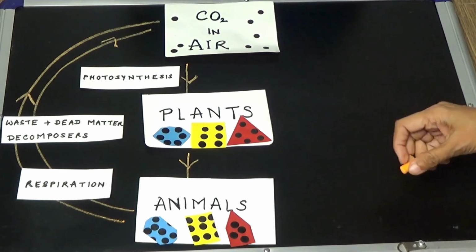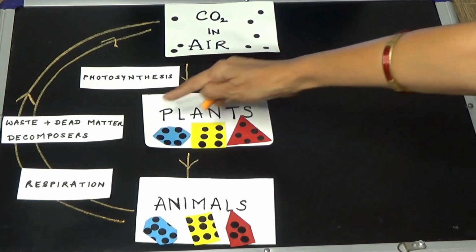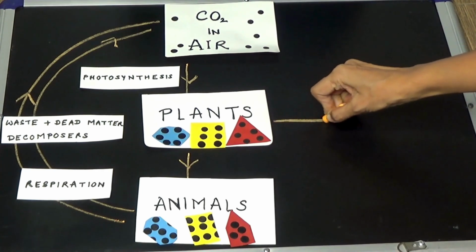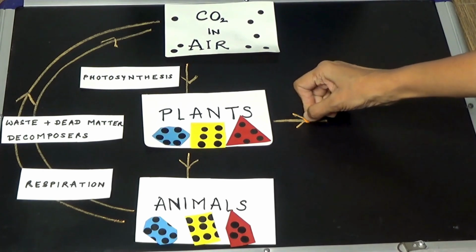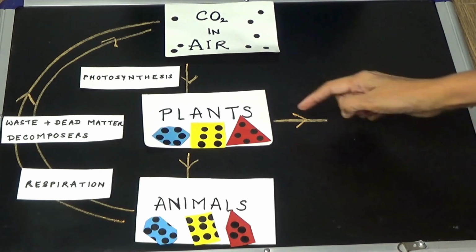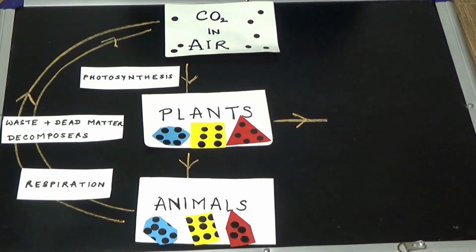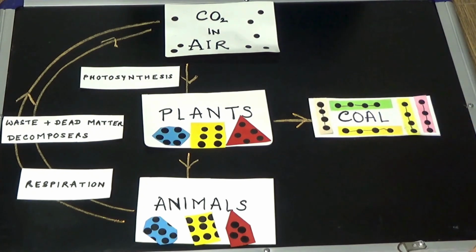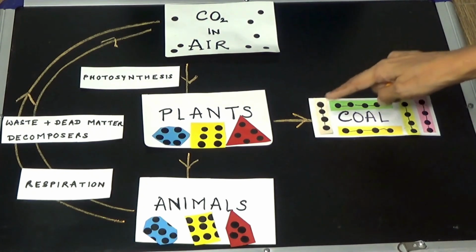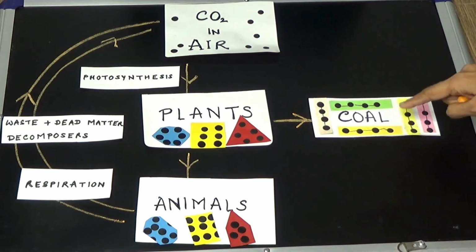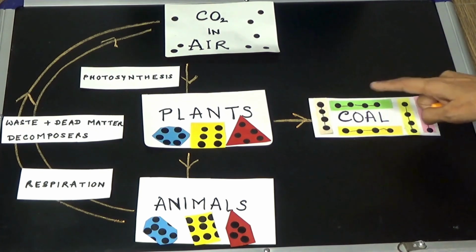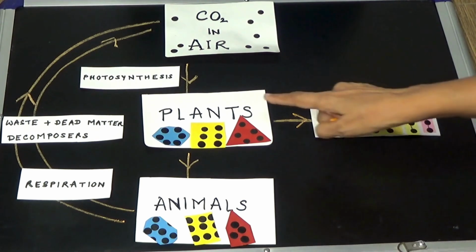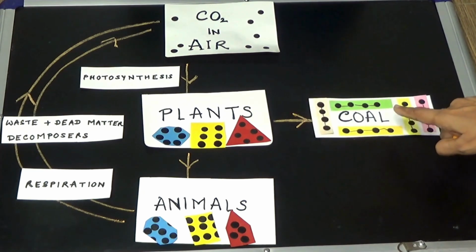Now we will get to another form of the carbon cycle, where plants die, they decompose, get deposited inside soil and rocks, and over thousands or millions of years they rot and decompose, and under intense heat and pressure a lot of new carbon chains are generated, which go together as coal, which is black in color, and we get it in coal mines under the earth, under soil.